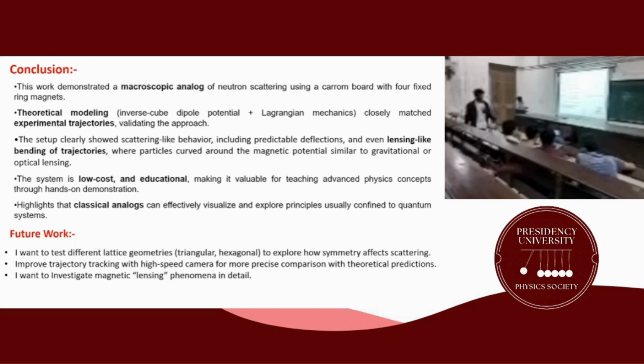Conclusion of my work. This work demonstrated a macroscopic analog of neutron scattering using the carrom setup, and theoretical models, especially the inverse cube dipole potential and Lagrangian mechanics, closely match the experimental trajectories. The setup clearly shows lensing-like phenomena, bending of trajectories, and curves due to magnetic potential, similar to gravitational or optical lensing.